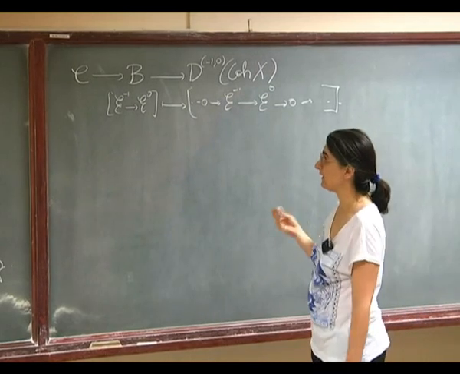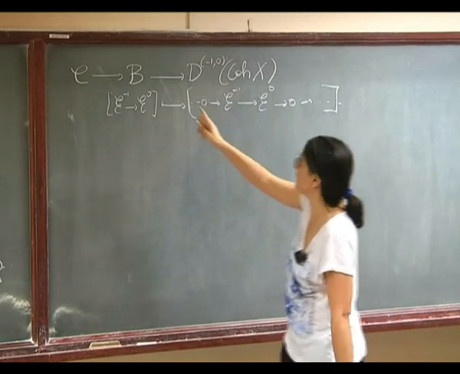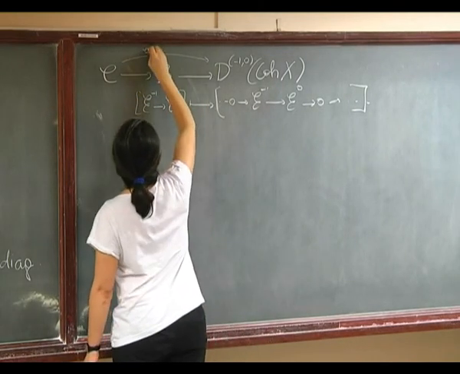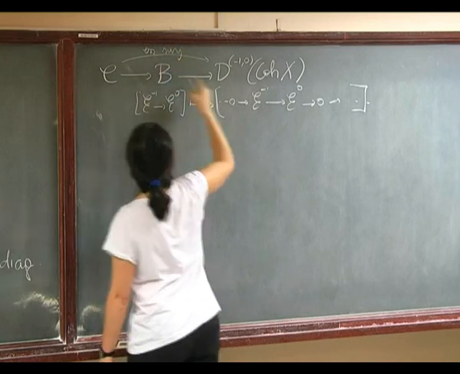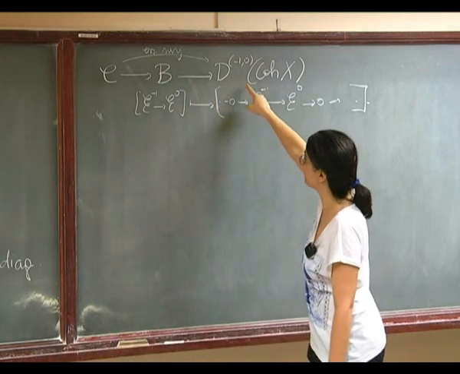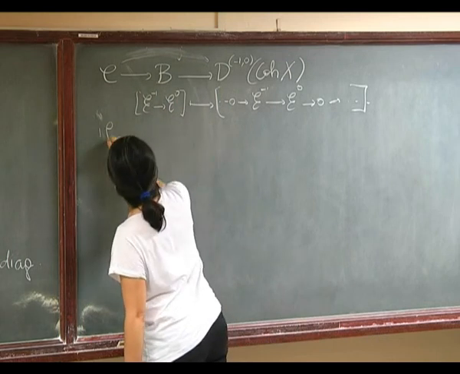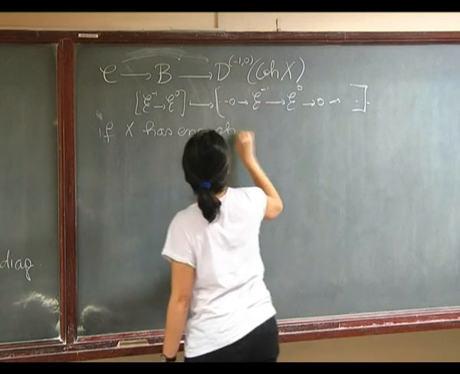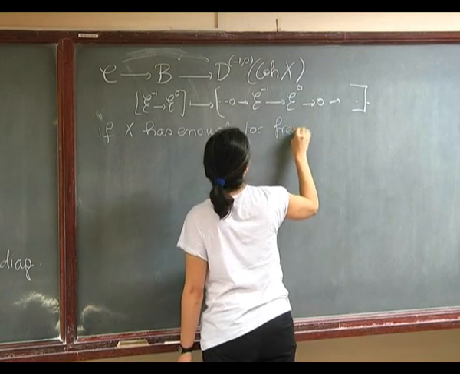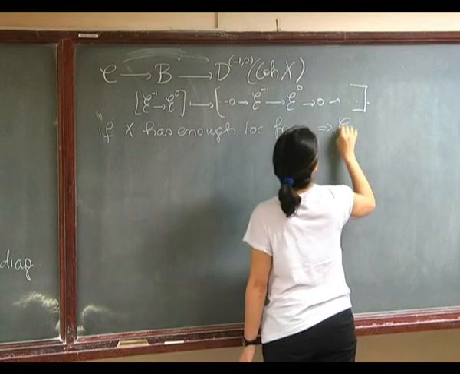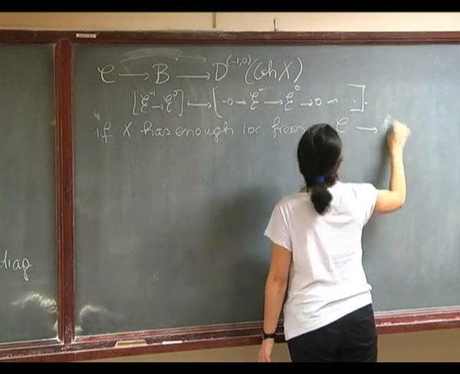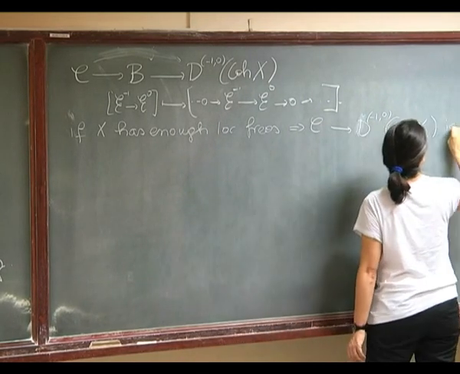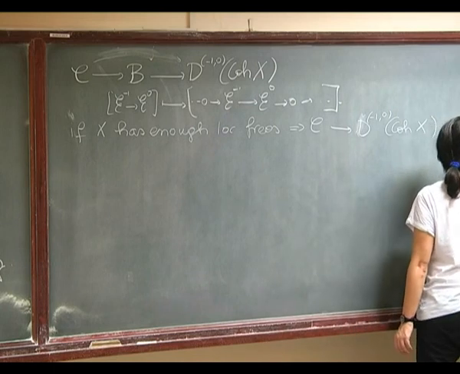And what I had told you is true is that this here, and indeed this here, is essentially surjective. So if X has enough locally frees, then C to D^{[-1,0]} for X is essentially surjective.